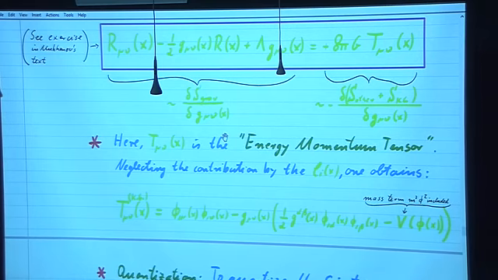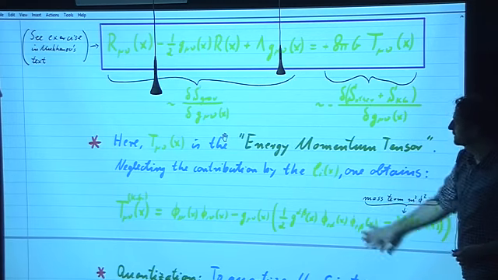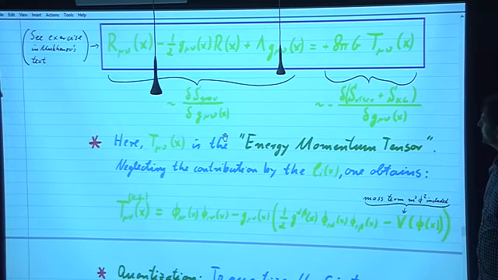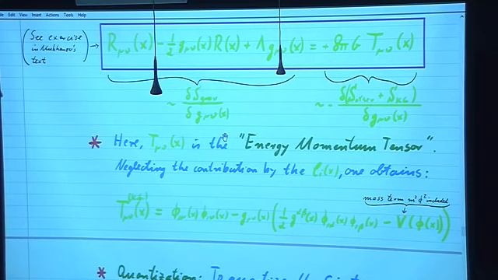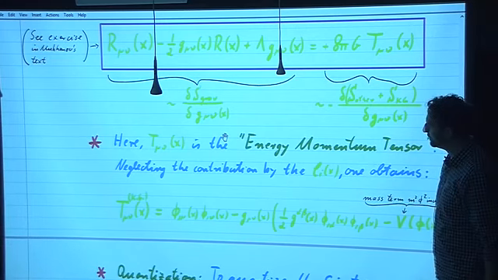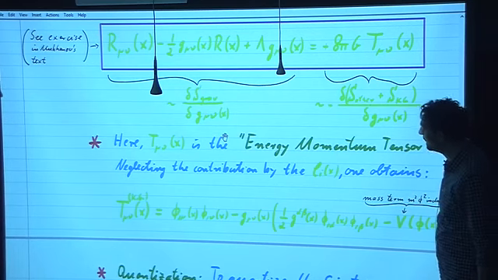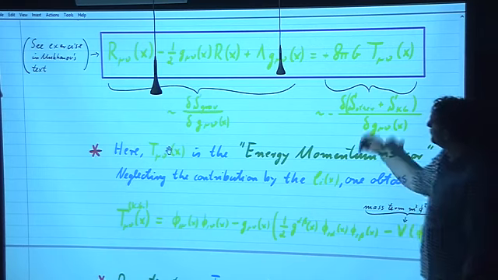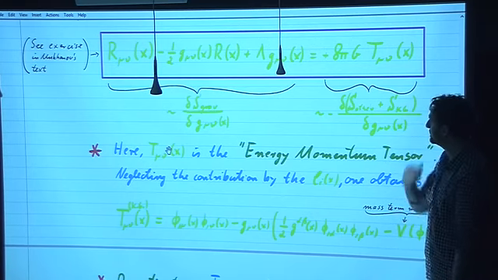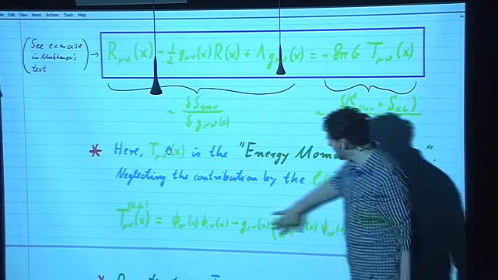So luckily, we get away with studying this scalar field. Apparently, scalars are particularly important for cosmology. And when you calculate the energy momentum tensor for a scalar field, all you have to do is take the Klein-Gordon action and functionally differentiate it with respect to g mu nu. Then you get this long expression here.